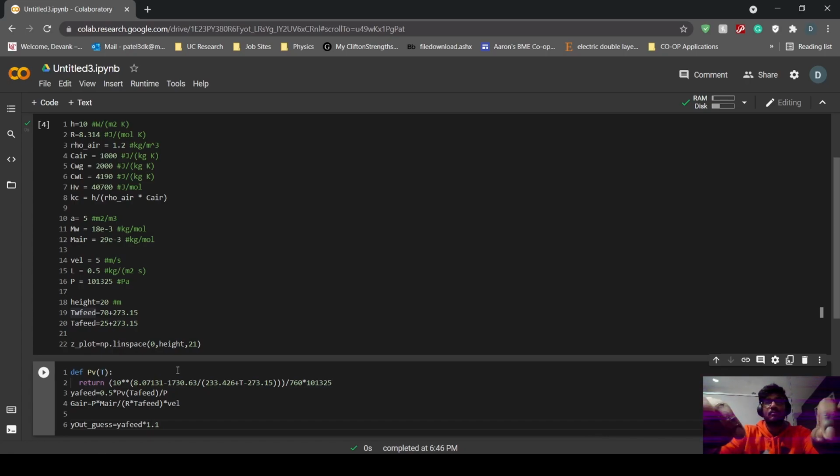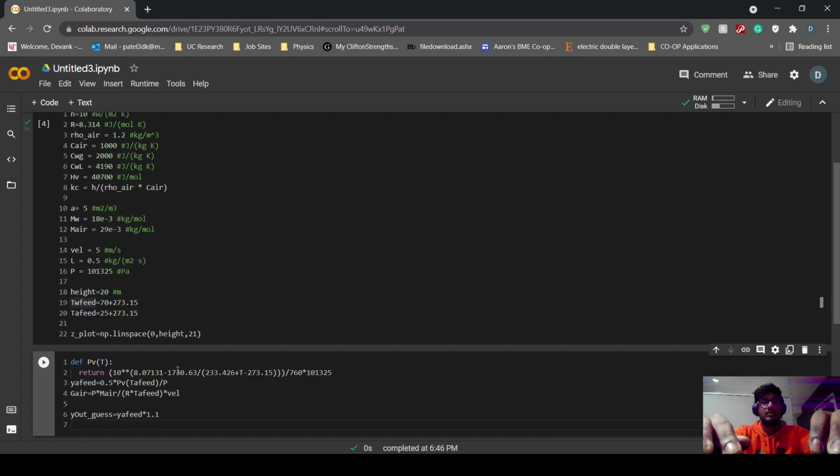And we're multiplying it by 1.1 because we know that as the air goes up, more water is going to be contained within the air. So we're just going to assume that it's going to be multiplied by 10% of the initial mole fraction of water in the air.